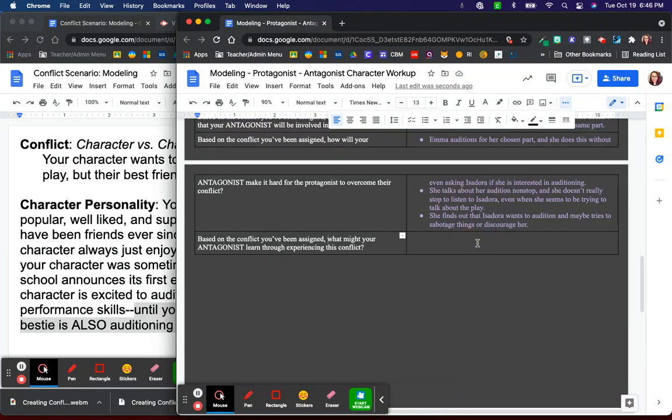So I feel like because of this story, Emma will learn to value Isadora more and to listen more to her friends' interests and desires.